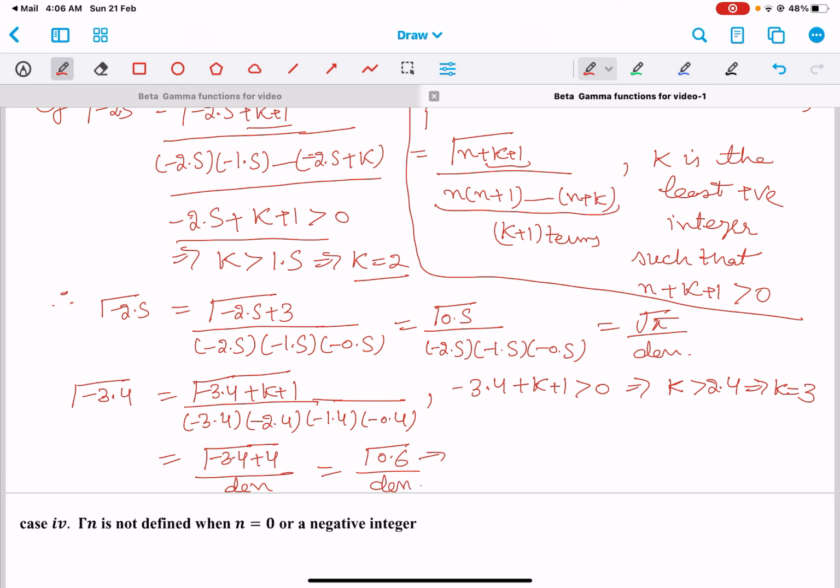So this number gamma of 0.6 may be evaluated using tables. I told you that you are having a table of gamma numbers between 0 to 1.